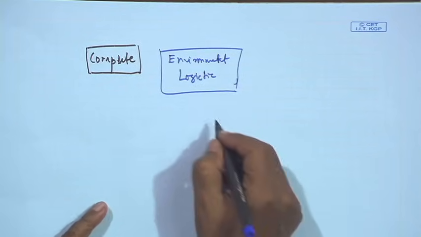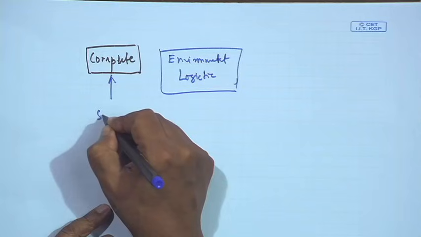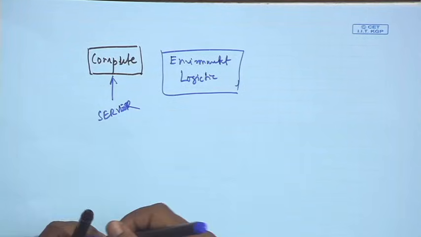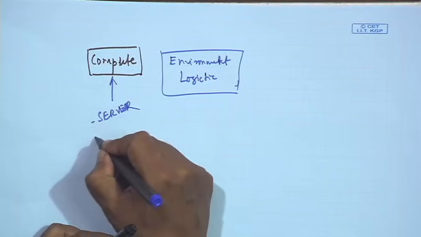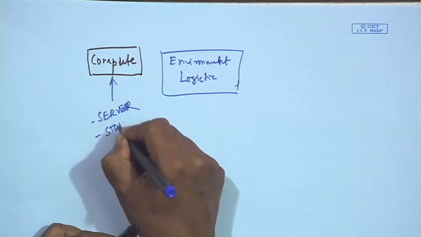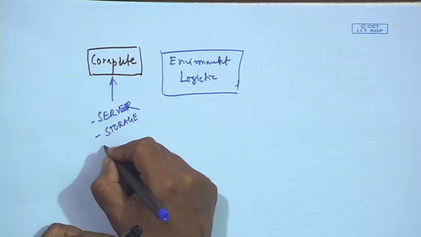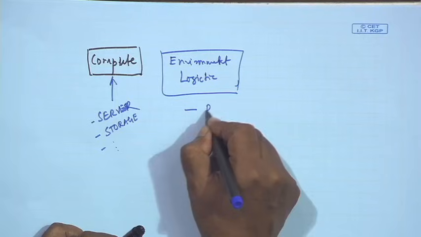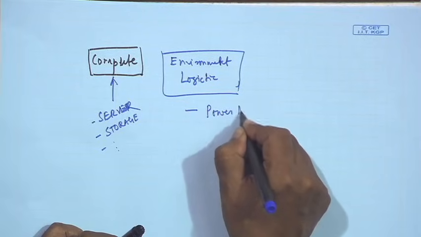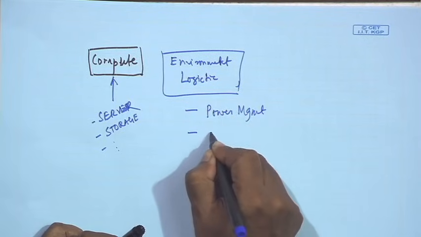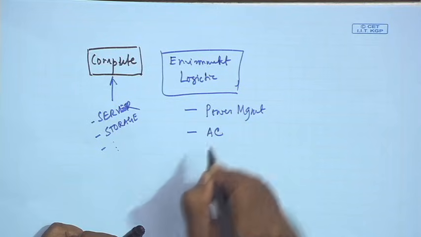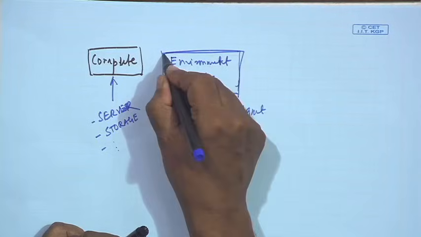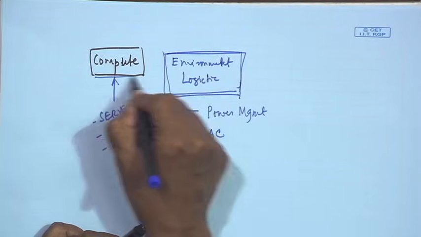The compute side gives you servers, storage, and adjoining things like network, etc. The other side primarily covers power management or power supply, air conditioning, and other related stuff for the data center.